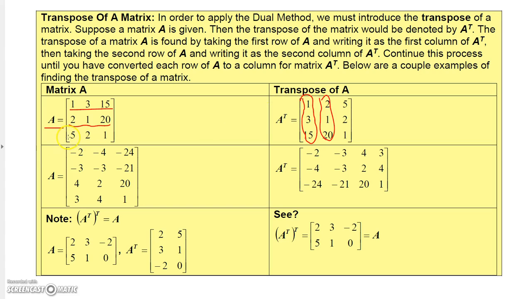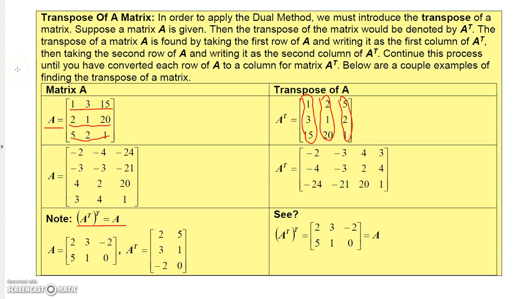Then I'll take the third row, 5, 2, 1, and convert it to the third column. It's kind of like turning the matrix sideways: we're converting the rows to columns, and in a sense, the columns to rows. One thing I thought I'd show you real quick: if you take the transpose of the transpose, it takes you back to the original matrix.